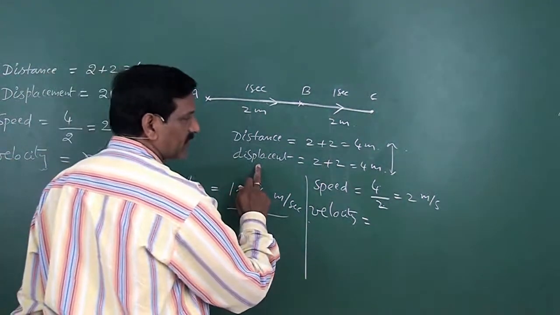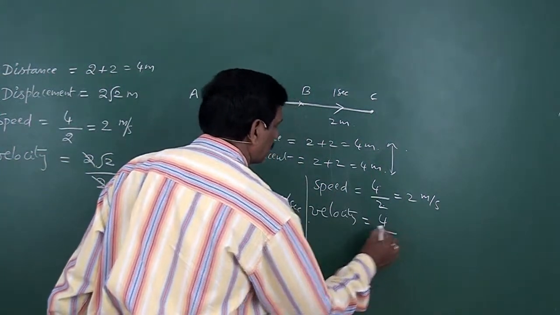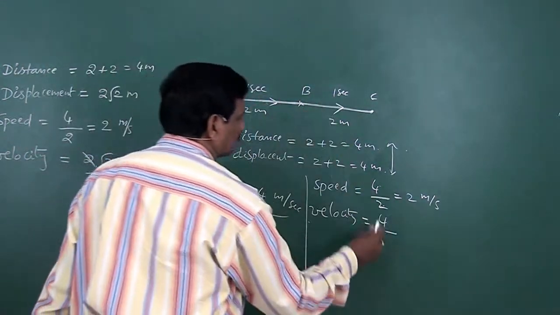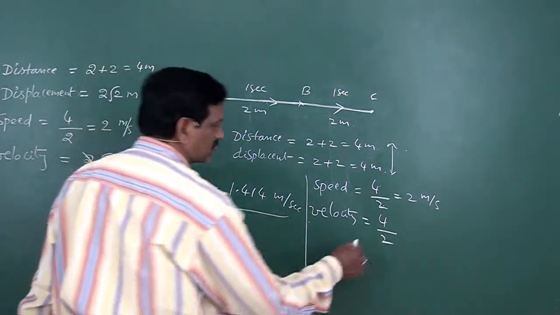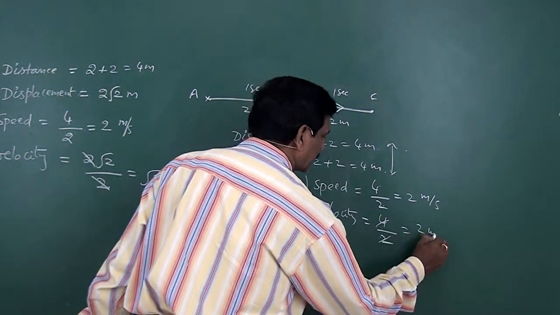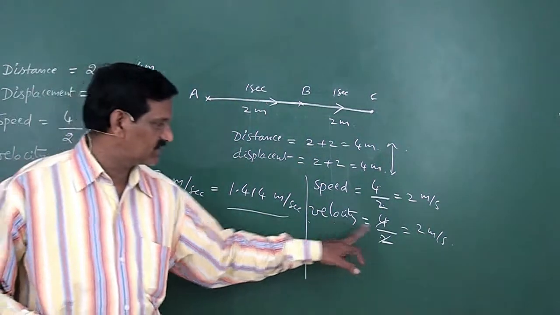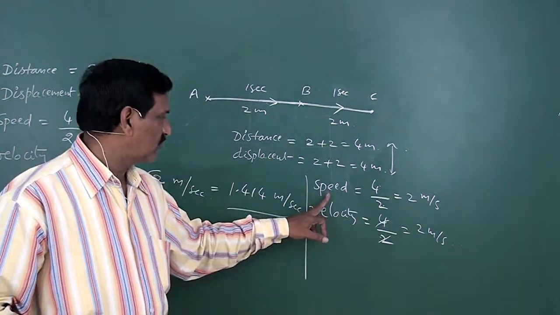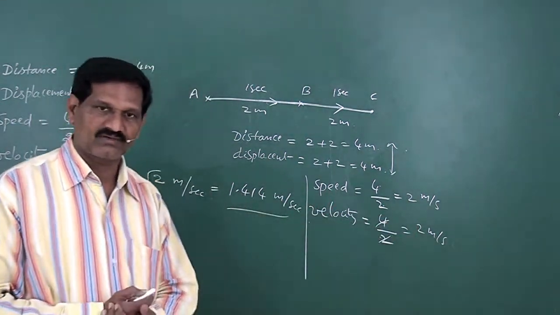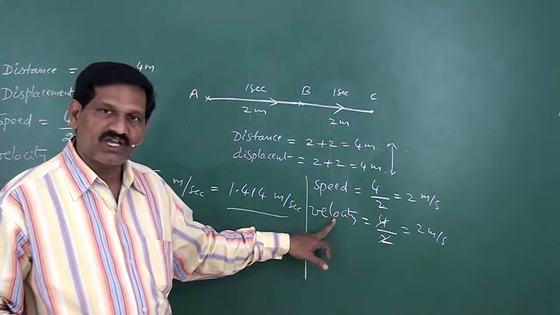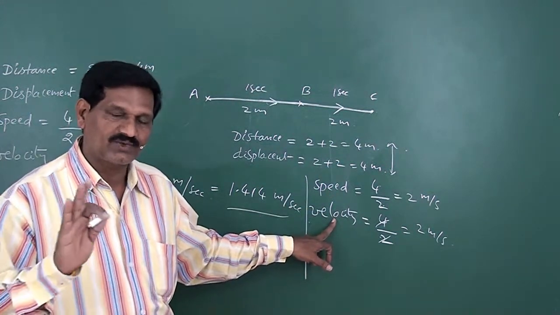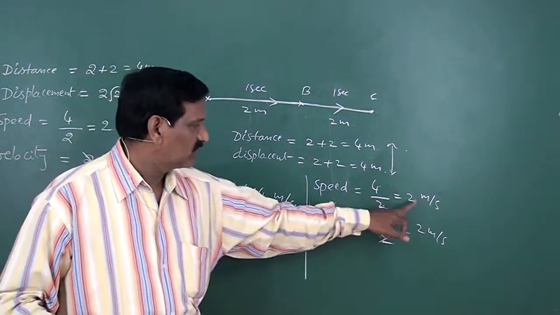Displacement, what is displacement here? 4 meter. So 4 by time taken, which is 2 seconds. So again this is 2 meter per second. So the magnitude of velocity is 2 meter per second. The value of speed is 2 meter per second. So speed and velocity are both the same here. The magnitude of velocity and speed are both the same.